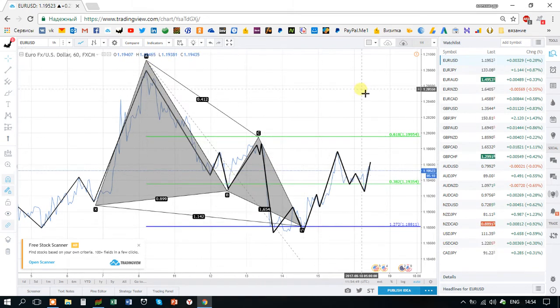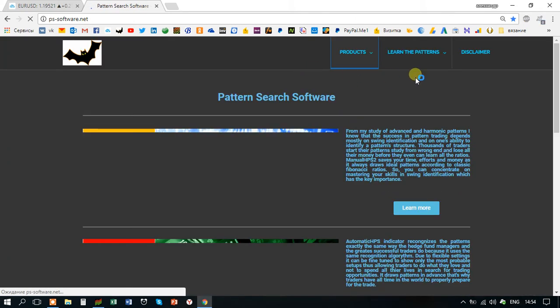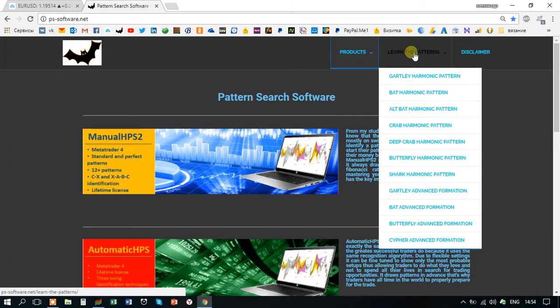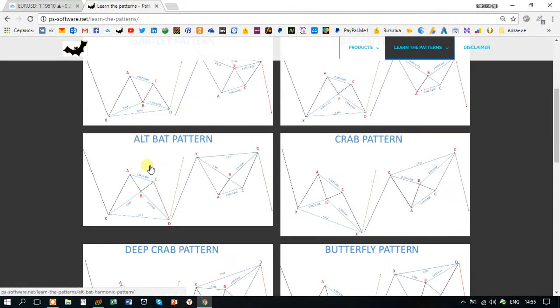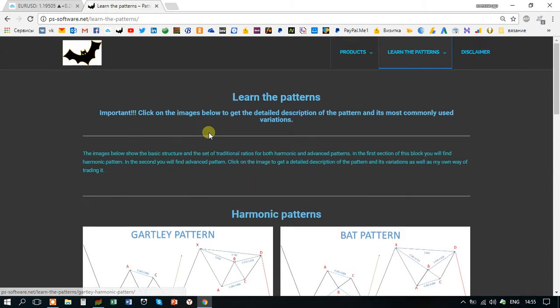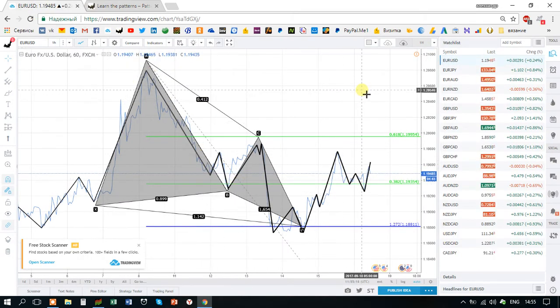I'm looking for M or W type formations that have specific ratios, and those specific ratios are listed on my website. So now you have the full set of rules of how I do the trades. Click on whatever picture and you will get the detailed description explaining the ratios between those swings that are identified with that swing identification algorithm.